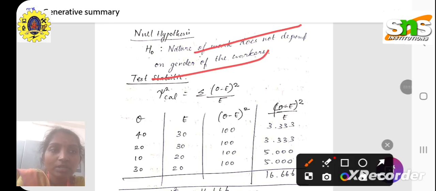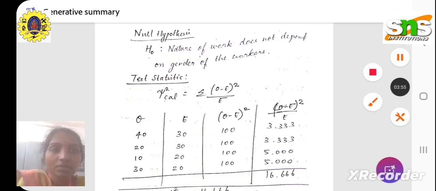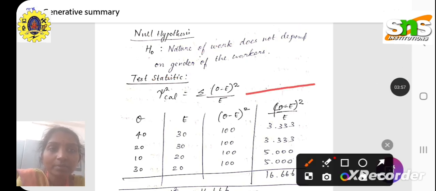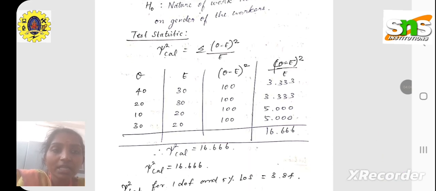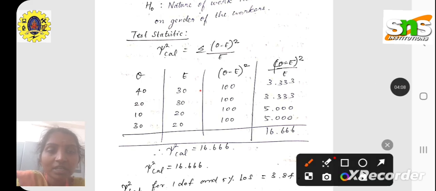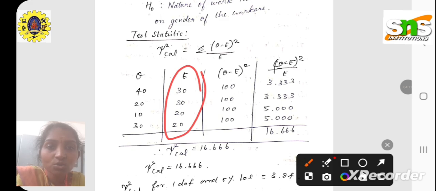Then, as usual, we calculate the test statistic. What is our test statistic? Chi-squared calculated is the summation of O minus E, the whole square divided by E. With the help of the table, we have found the value of chi-squared calculated to be 16.66. The expected frequencies are from the previous table as per the formula, row sum into column sum divided by the total number n.